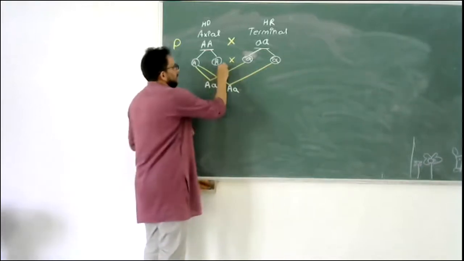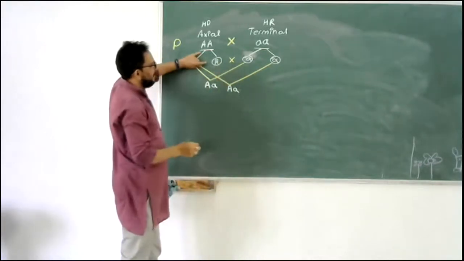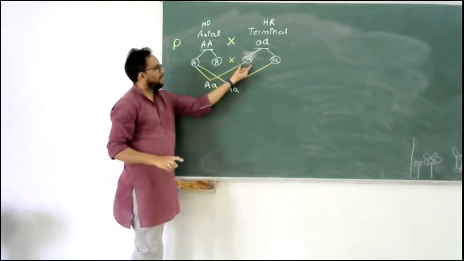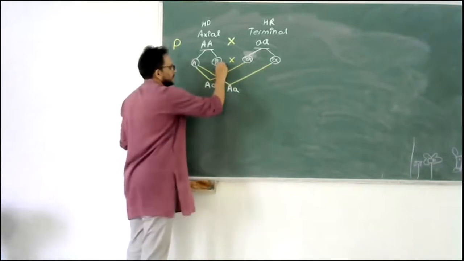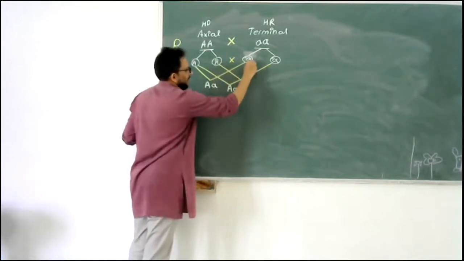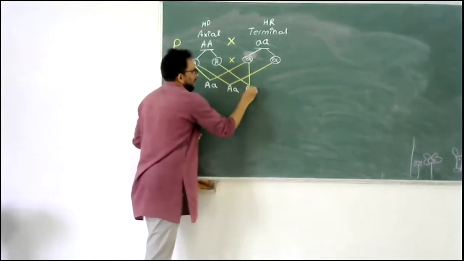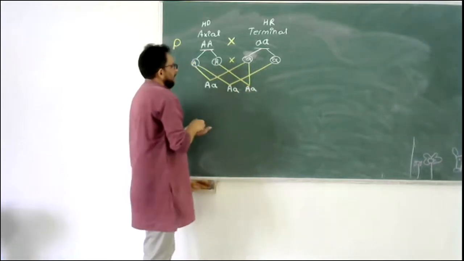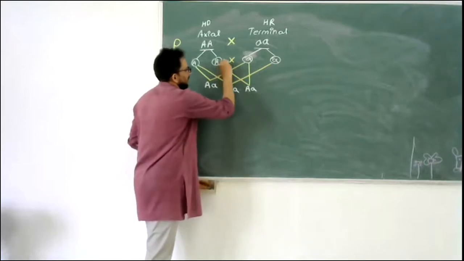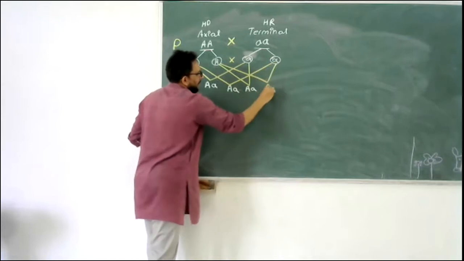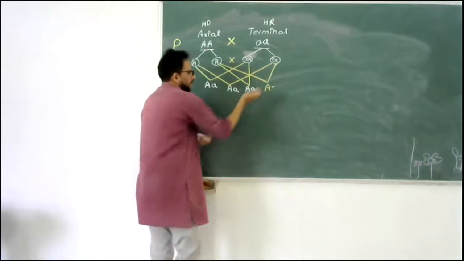Assume this gamete is done, it has had its combination of fusion with this one. Next, this gamete can fuse with this, again producing capital A, small a. And in the other possible combination, this gamete can also fuse with this gamete, that is capital A, small a, right?